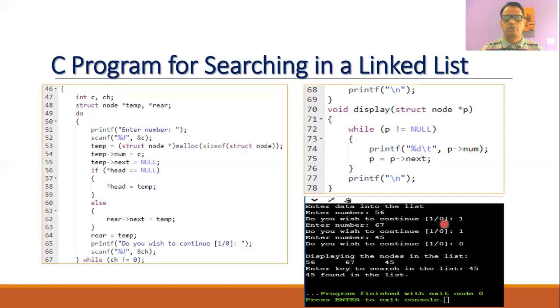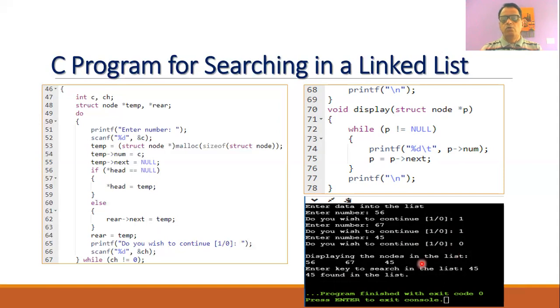If I say yes, 1, then I will enter the next element. Similarly, again the message will be displayed whether you want to continue. If I reply yes, that is 1, then I will enter the next element. Now, suppose I do not want to enter any new number, therefore I will enter 0.